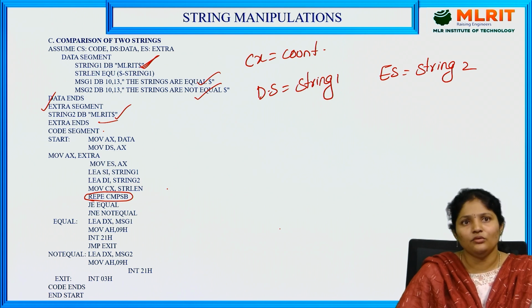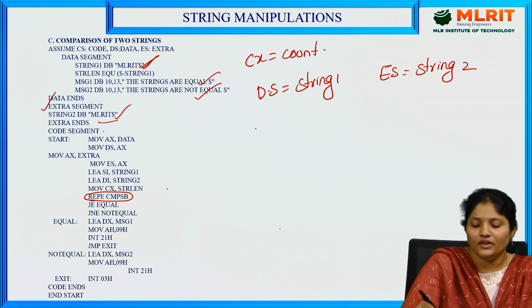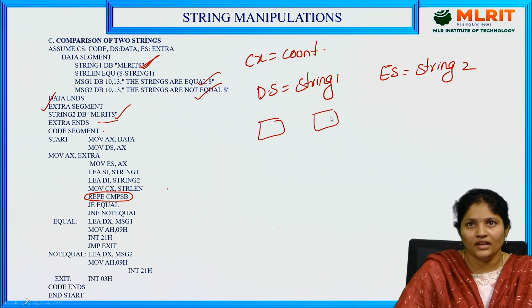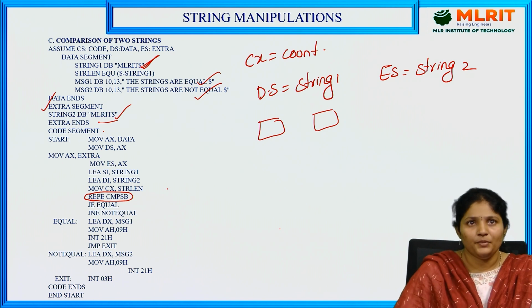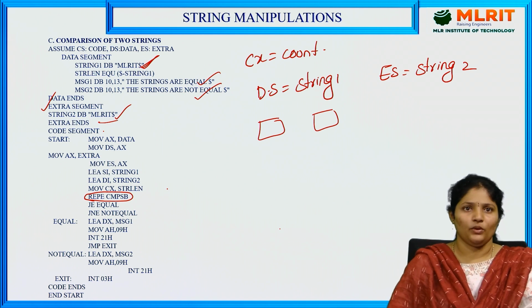No need to increment the locations, nothing is there. If we write compare string byte, the first string present in the data segment will be compared with the string present in the extra segment until the count tends to 0 or the strings are not equal. If it is equal, we can directly represent that the strings are equal. If it is not, we can directly represent that the strings are not equal.